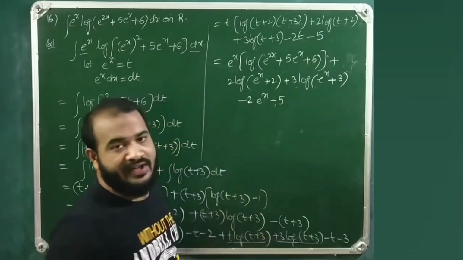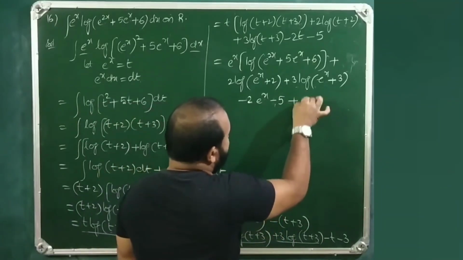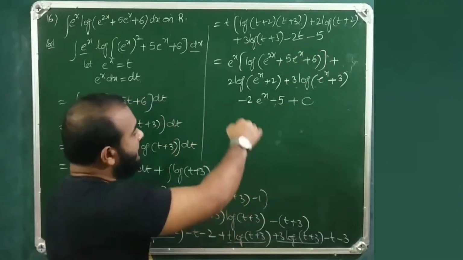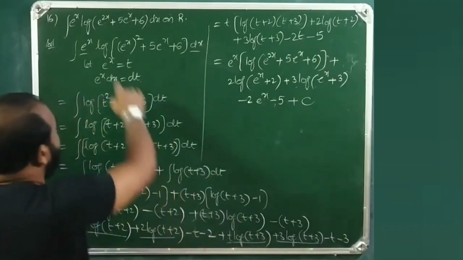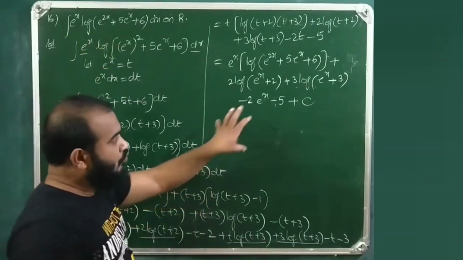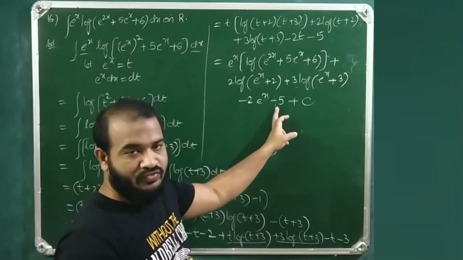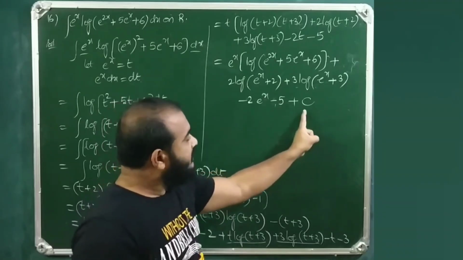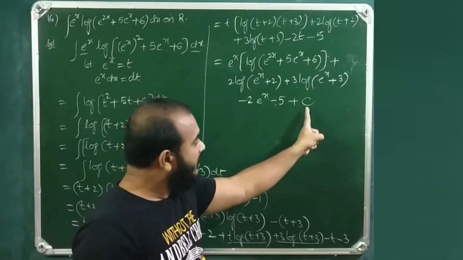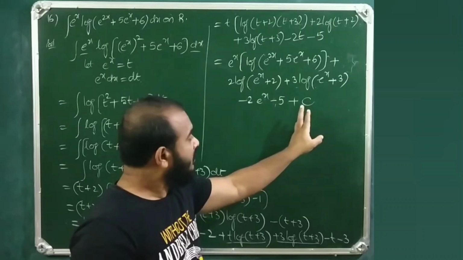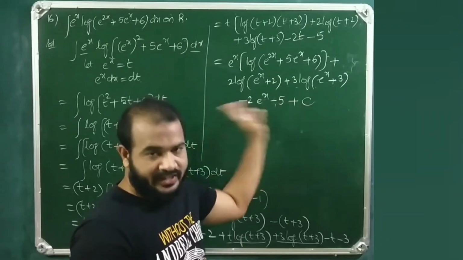So since this is the final answer, I am adding plus c at the end of the answer. So this is the final answer for this. If you see the textual answer, actually minus 5 is missing, because plus c is the constant of integration, and this is said to be the indefinite integration.